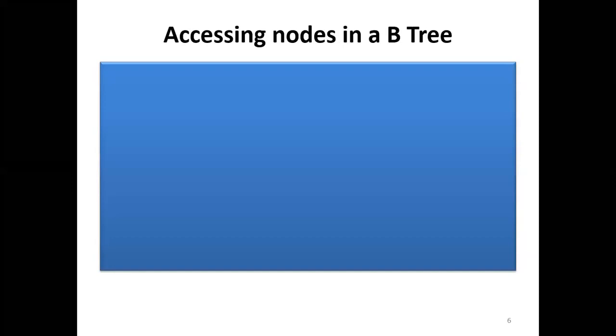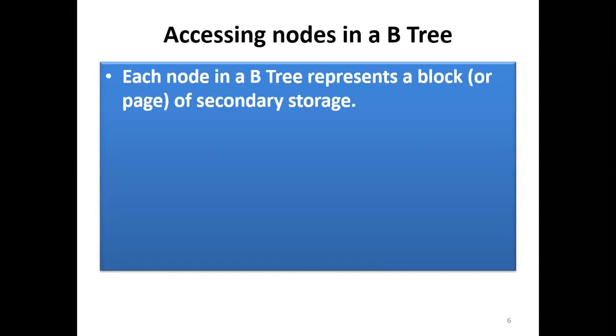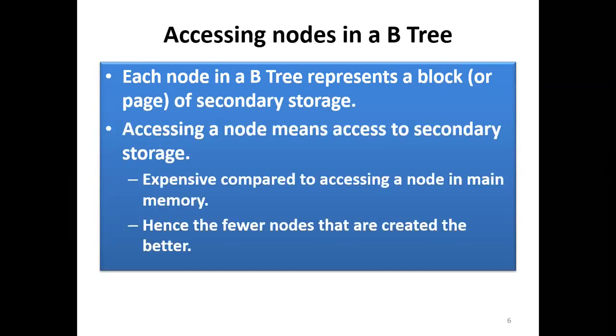Accessing a node in a B tree. We want to see how we can access a node in a B tree. One thing that we also need to remember is that each node in a B tree is known as a block or a page of secondary storage. And we know that accessing a node means having access to the secondary storage.